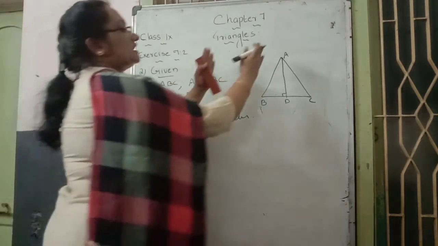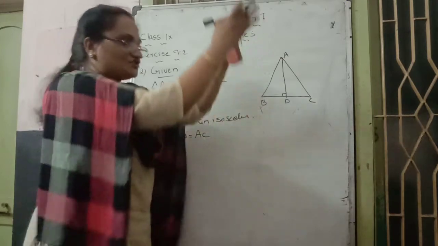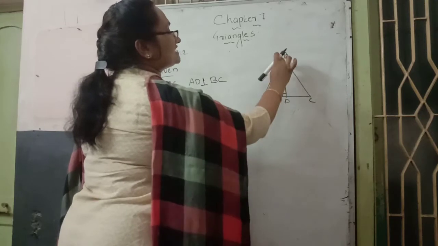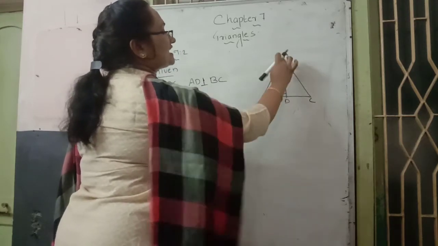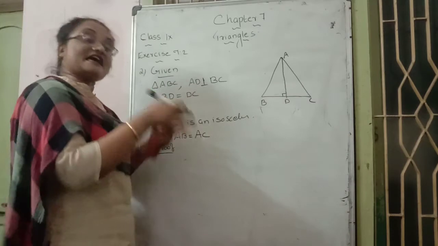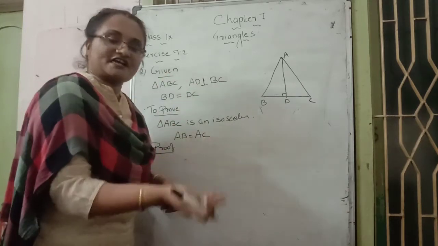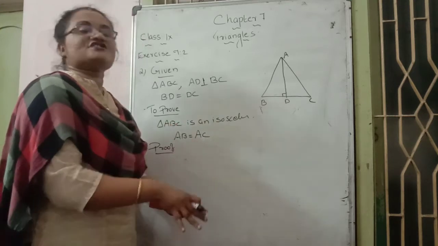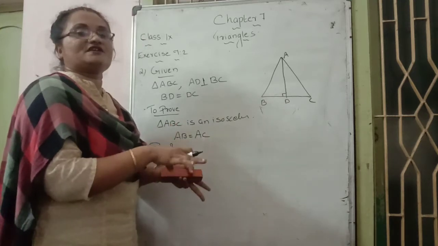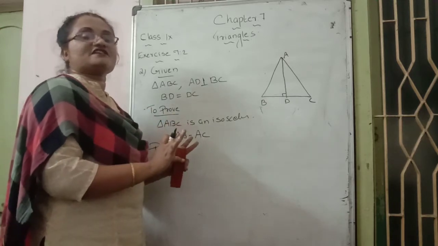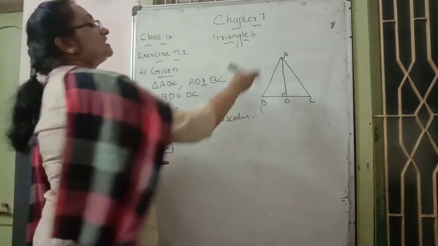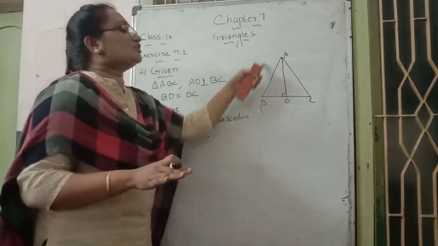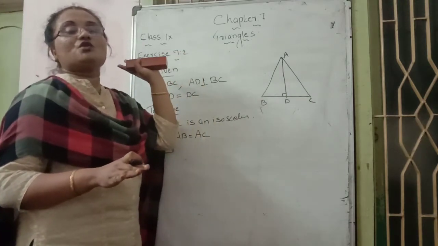When AD is drawn perpendicular, it divides triangle ABC into two triangles, ADB and ADC. For those two triangles, apply three conditions and prove they are congruent by a property. Then by CPCT we can say AB and AC sides are equal, as they are corresponding parts of the two triangles.